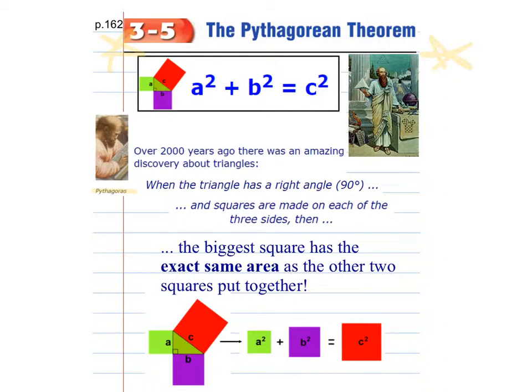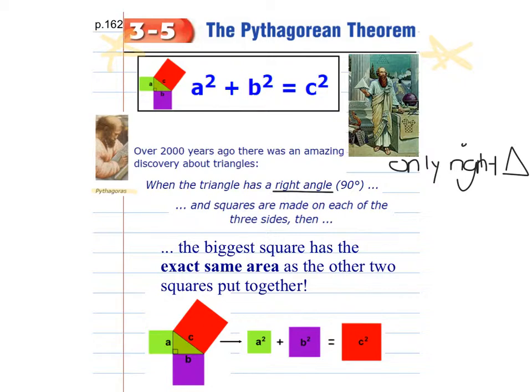Over 2,000 years ago, Pythagoras made this amazing discovery about triangles. When the triangle has a right angle, so the Pythagorean theorem is only for a right triangle, and squares are made on each of the three sides.